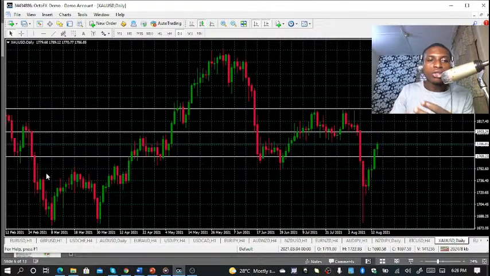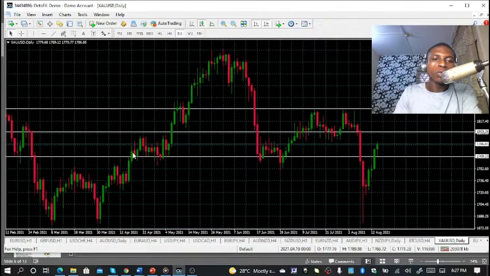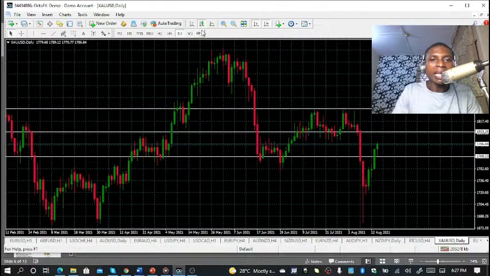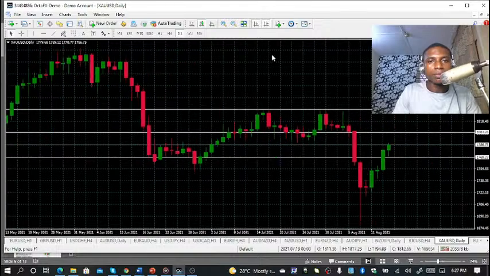Now, when the price came down to this place and went up here, it came down here again and went up to this level, right? Now, you are looking for a confirmation. What confirmation would I look for at this level? I'll look for a breakout of this level.